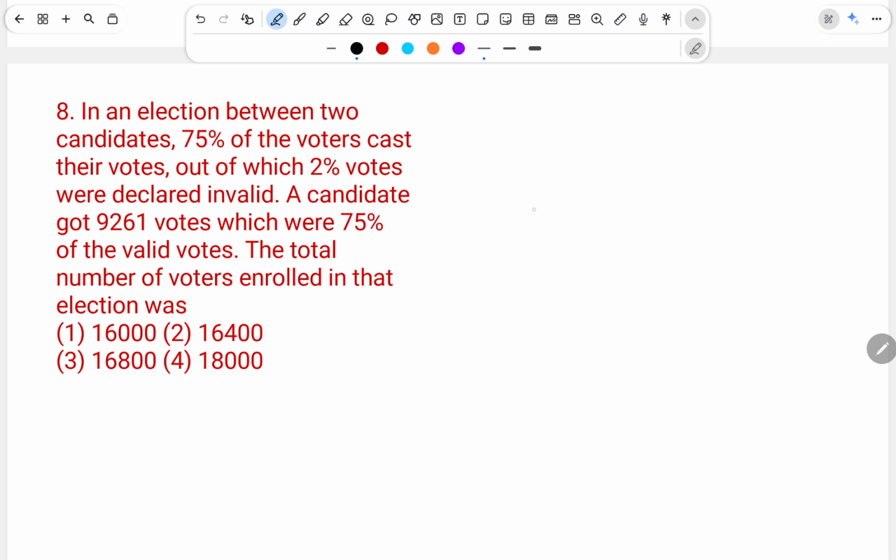Okay, let the votes be X. 75% of the voters cast their vote means 75 by 100. 2% votes declared invalid, the remaining are 98 by 100. A candidate got 9261 votes which were 75% of the valid. So that is equal to 9261. Then how many votes were polled, they are asking.